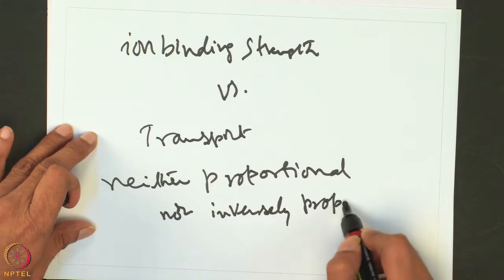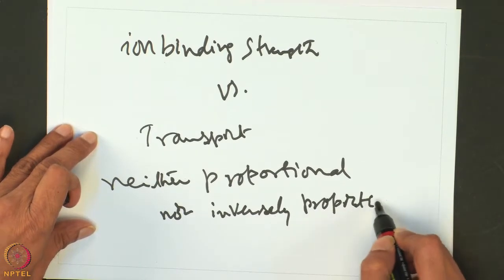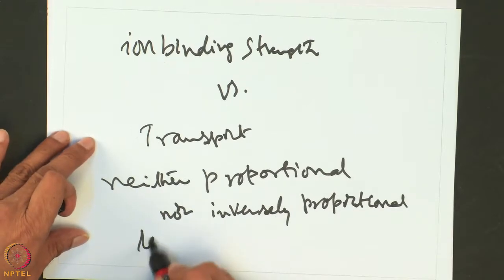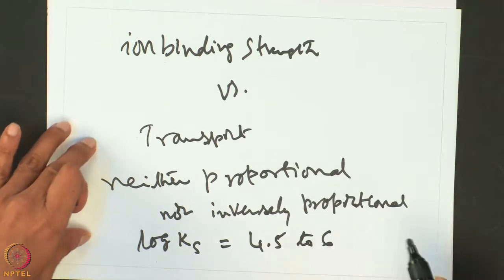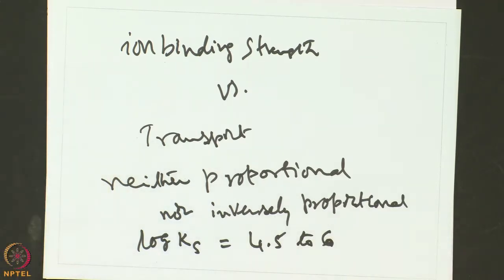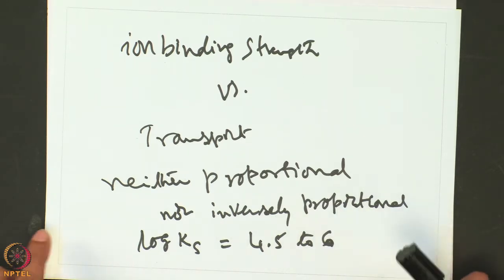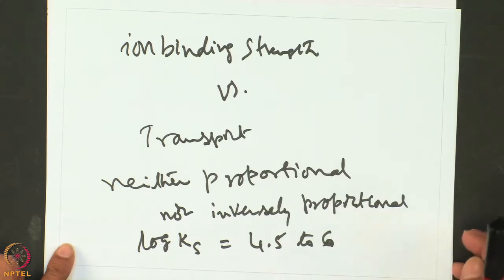This is what we have explained, and therefore we said log Ks in the range of 4.5 to 6 is the most preferred one. If log Ks is lower, it is a problem, it will break down before it transports. The higher the log Ks is, it will hold and never release. So in either case we have trouble, and therefore this range of 4.5 to 6 seems to be ideal, and this matches very well with the natural ionophores.